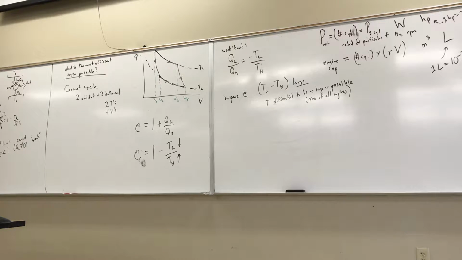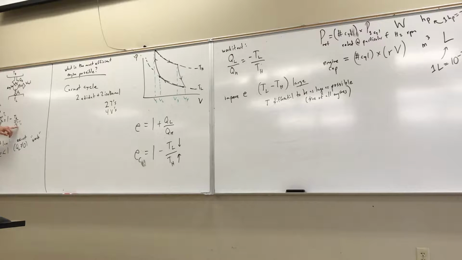I got T low, but then the temperature here is only TB, it's not as high as TH. So this is not going to be as good as the Carnot cycle, because while I got the TL up top, I didn't get the biggest temperature I could get below. I didn't get TH down there, I only got TB, which is only a little higher than TL, right?